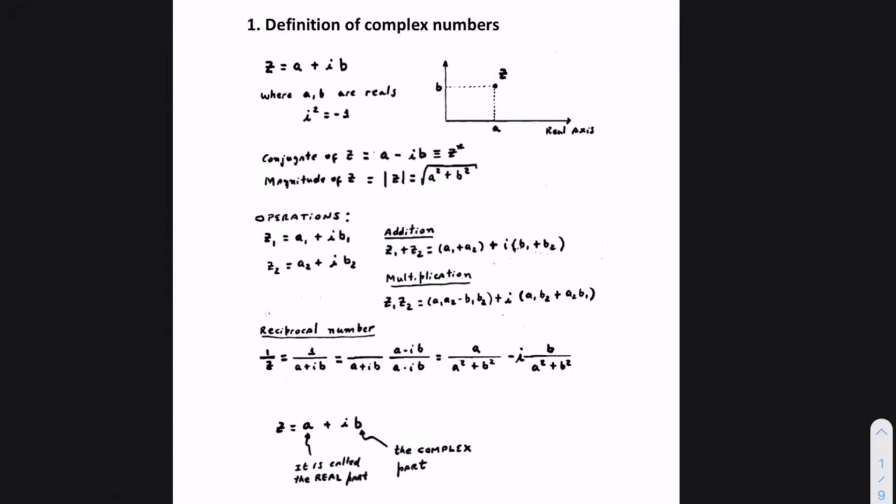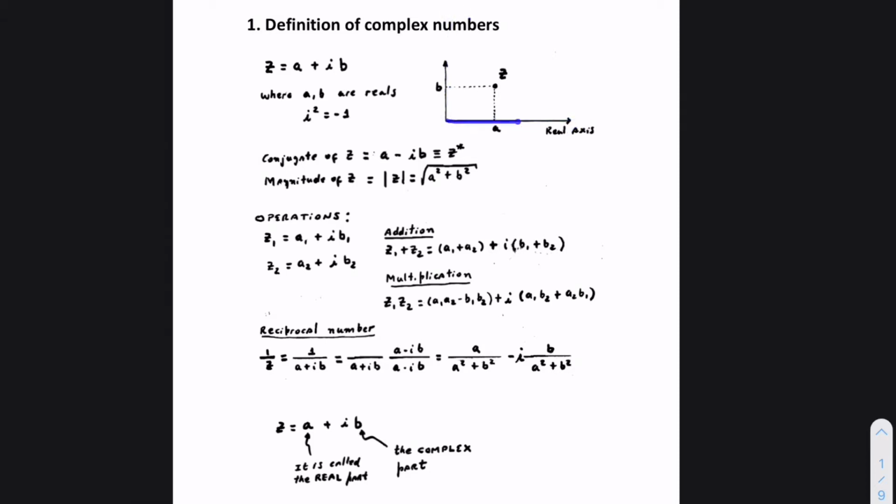Now, we can represent this complex number in a diagram which is called the Argand diagram. This is very similar to the Cartesian coordinate system that we regularly use. In the Argand diagram, this is the real axis and this is the imaginary axis.